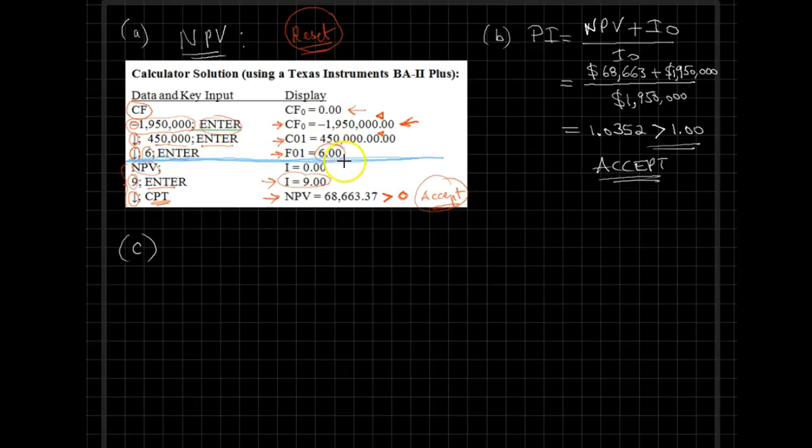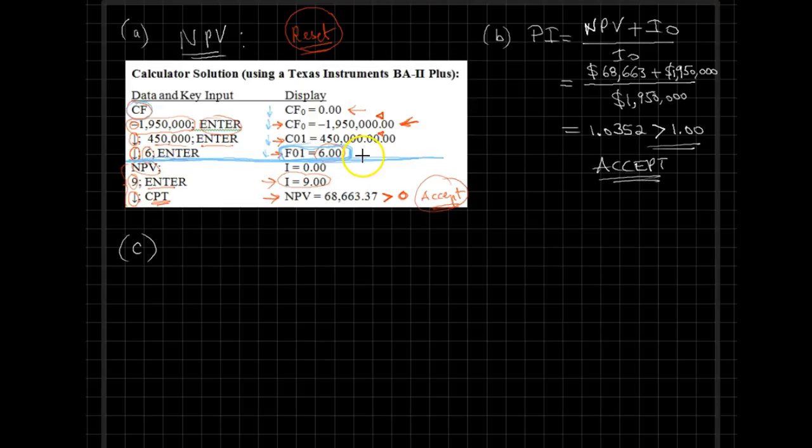So what you can do is go back to the display of your machine, press CF, and then by pressing the down and up keys, find that number again. Once you have that display where it shows F01 equals 6, this is the last line of your free cash flow inputs.